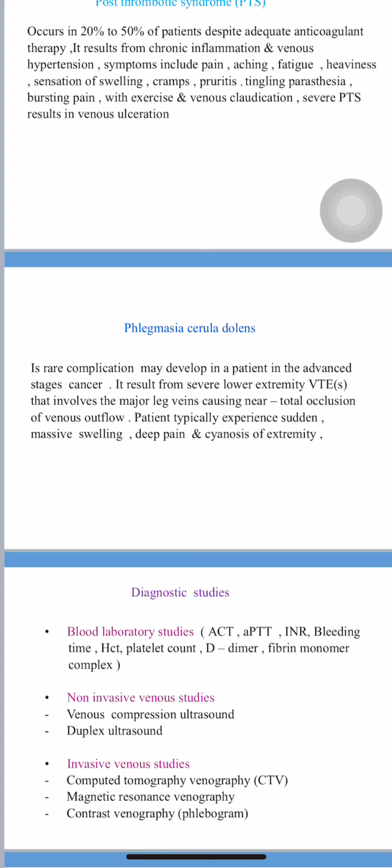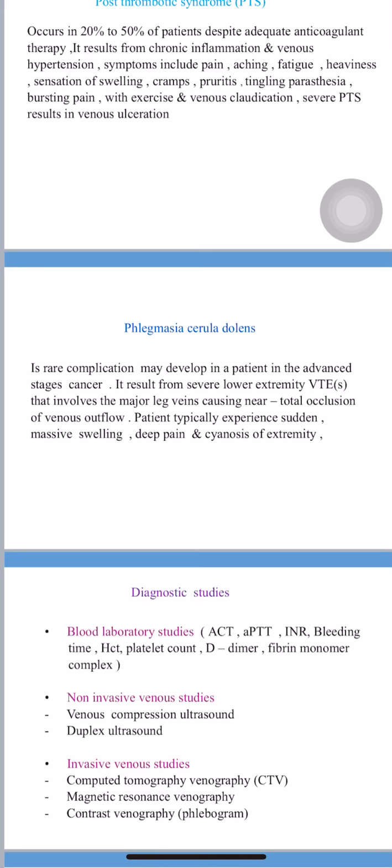So the next complication, which is the rare complication, is phlegmasia cerulea dolens. It may develop in patients with advanced stages of cancer, and it also results from severe lower extremity venous thromboembolism that involves the major leg veins, causing near total occlusion of venous flow. So the patient typically experiences sudden massive swelling, deep vein pain, and cyanosis of the extremity.